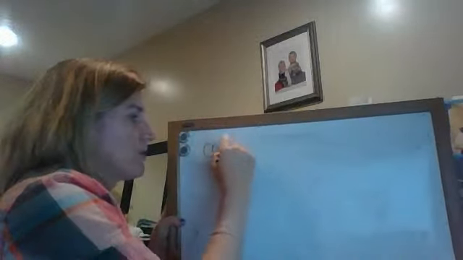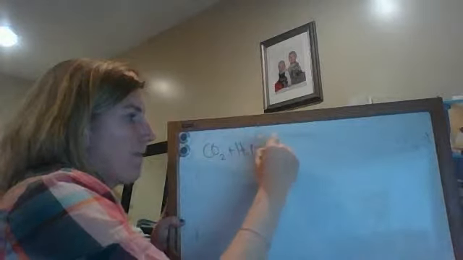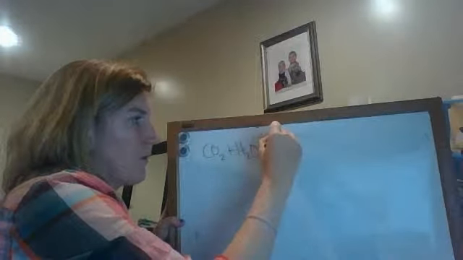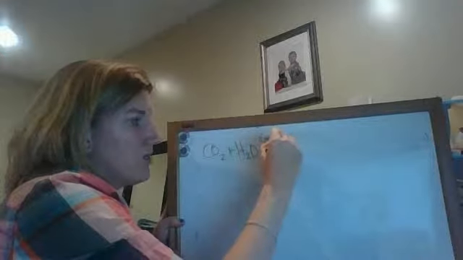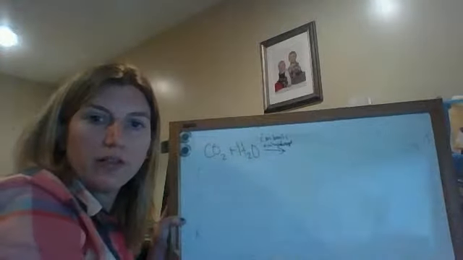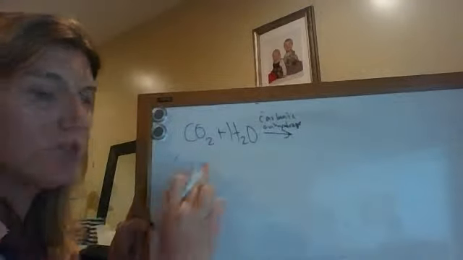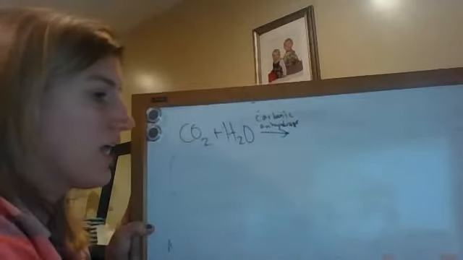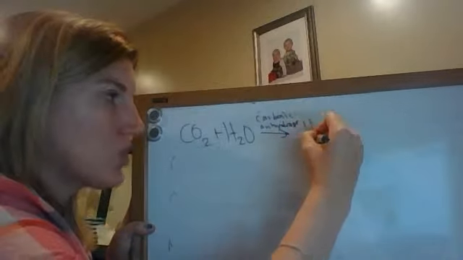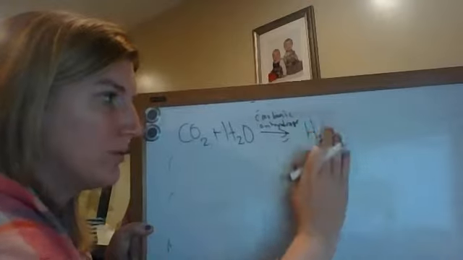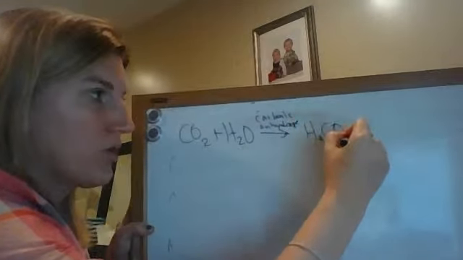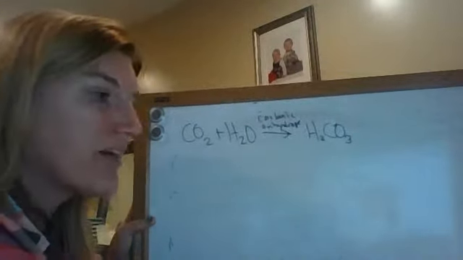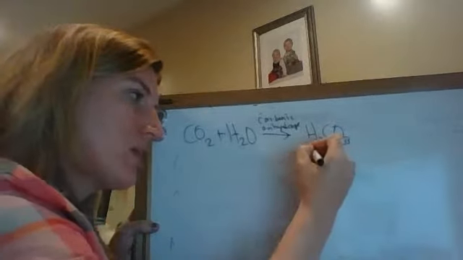CO2 plus H2O interacting with carbonic anhydrase. What this creates is a molecule called H2CO3. That molecule right there is carbonic acid.